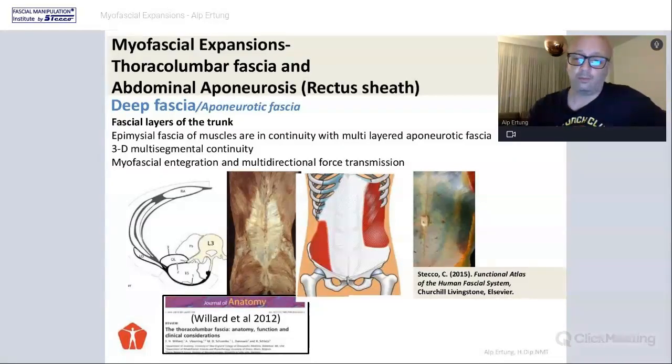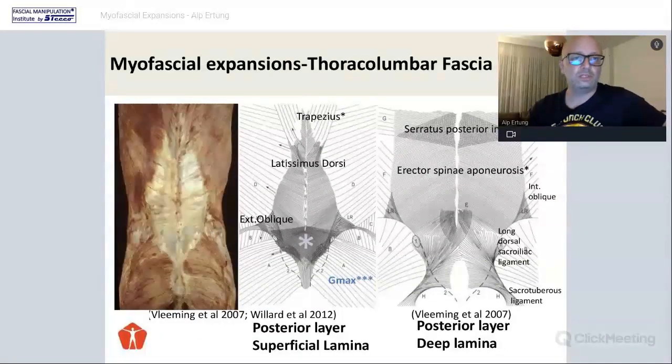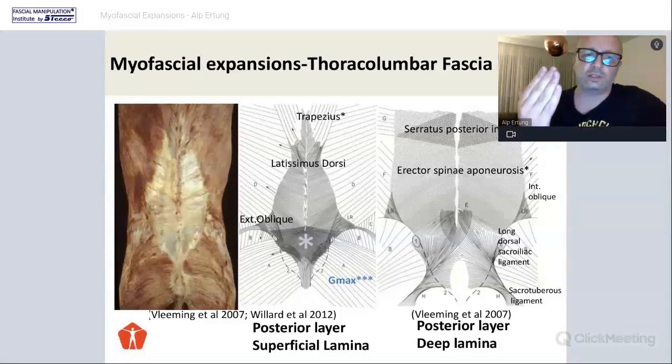So here we see that the thoracolumbar fascia has a posterior layer with one superficial lamina and a deep lamina.